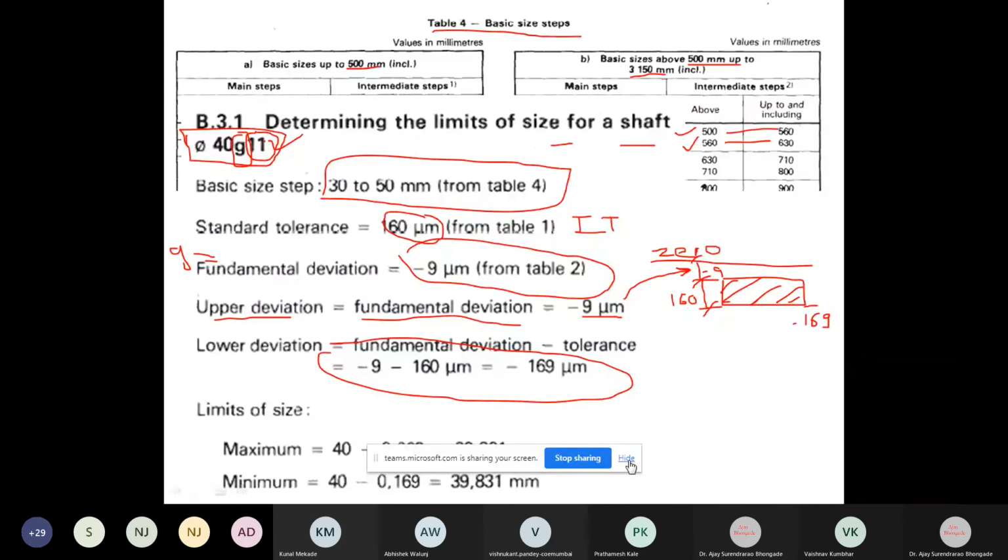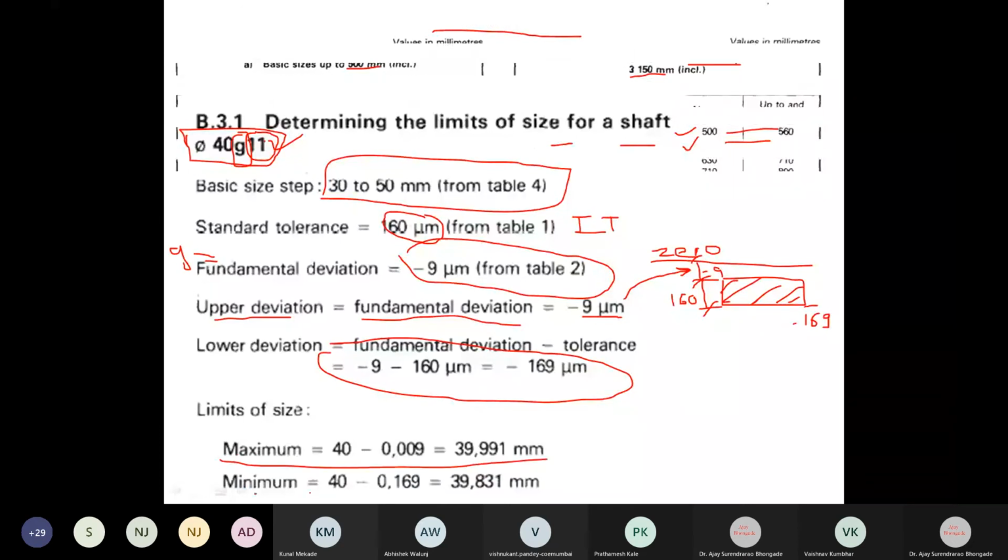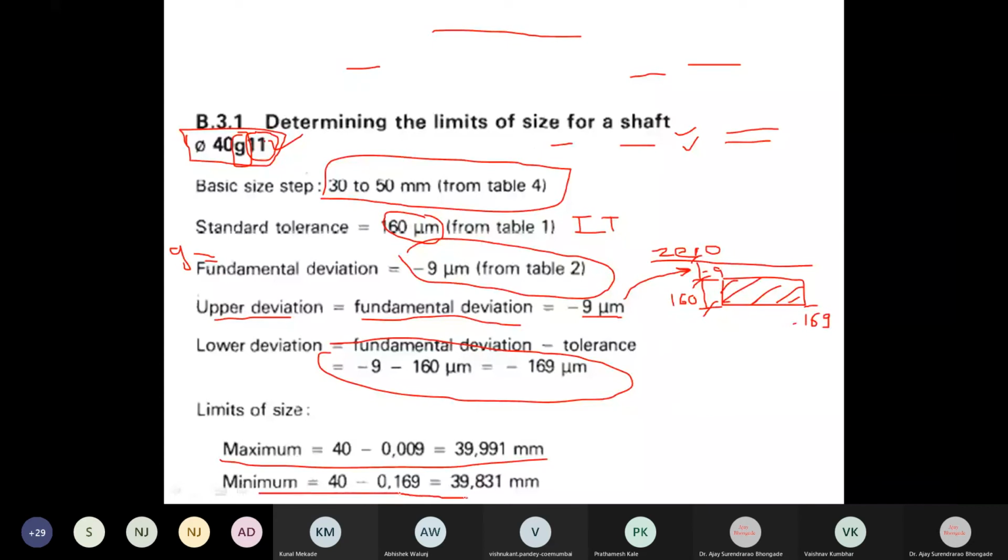So we can then work out the maximum limit and the minimum limit of the shaft. So 40 minus 0.009, where 9 is the micrometer.